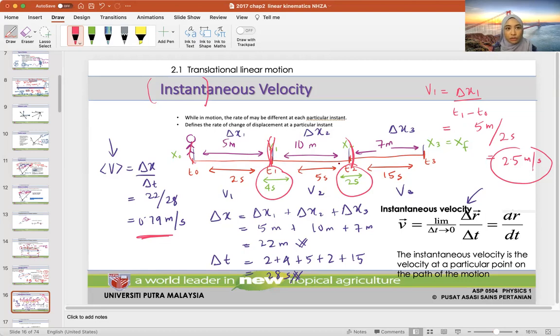Because when we talk about instantaneous velocity, we only want to know the displacement over the time where the displacement happens. 5 meter ni berlaku dalam masa 2 saat. I'm only concerned about that in my instantaneous velocity. But if I'm talking about average velocity, saya nak tahu total displacement over the total time. That includes breaks.